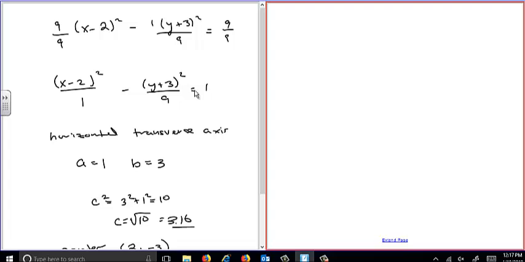So this is a case where x is positive and y is negative. So this is a horizontal transverse axis. So we have h is equal to 2 and k is equal to -3. So we need those two things. We have a is equal to 1 and b is equal to 3.